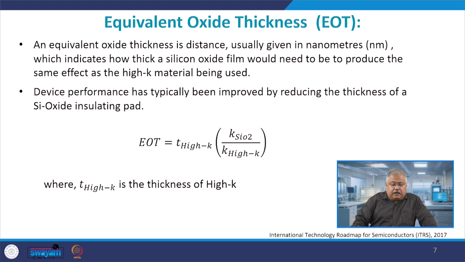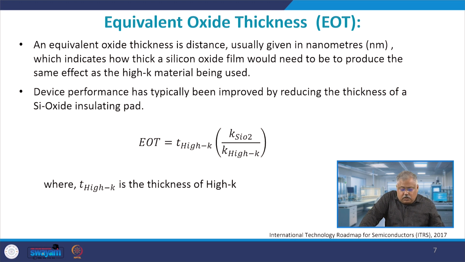Now, an important property which you should be aware of, and that is very important, is known as EOT, or equivalent oxide thickness. Equivalent oxide thickness is basically the distance given in nanometers which indicates how thick a silicon oxide film would need to be so as to have the same effect as the high K material being used.